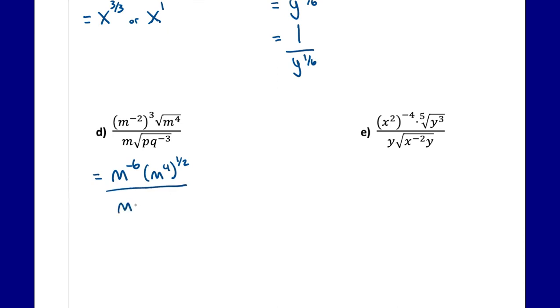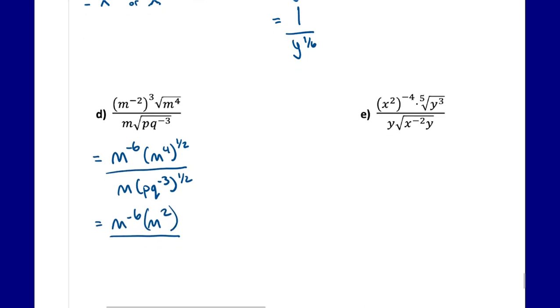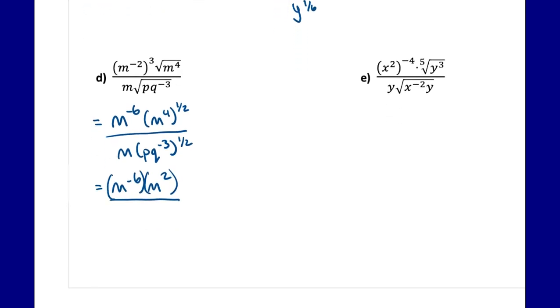m on the bottom, and we have then p, q to the -3, all to the power of 1/2, because again, the root. m to the power of -6, m to the power of 2. We're multiplying on the top there. On the bottom, we get m, p to the 1/2, q to the -3/2.